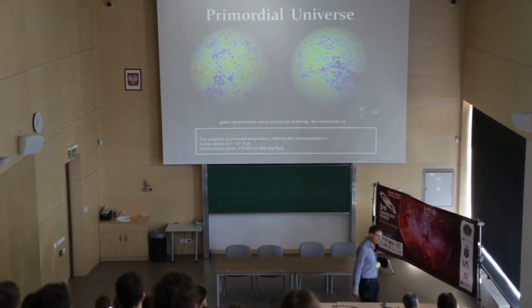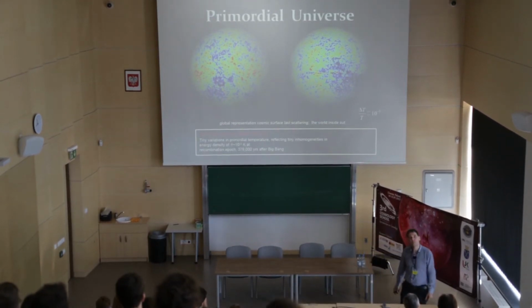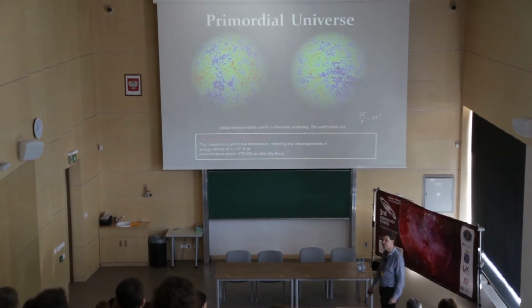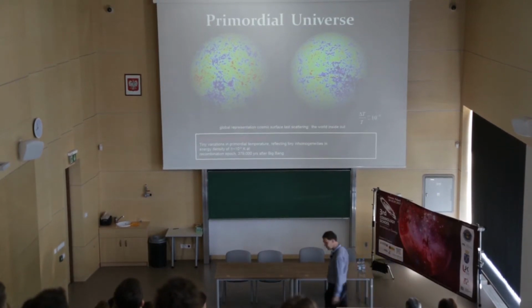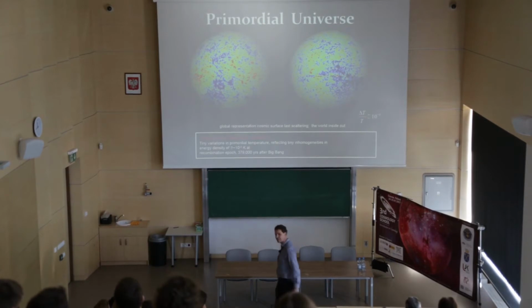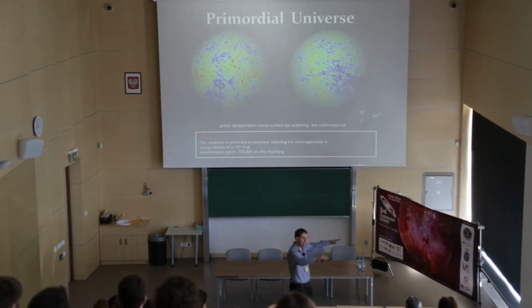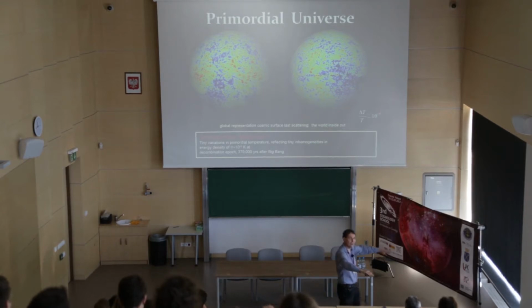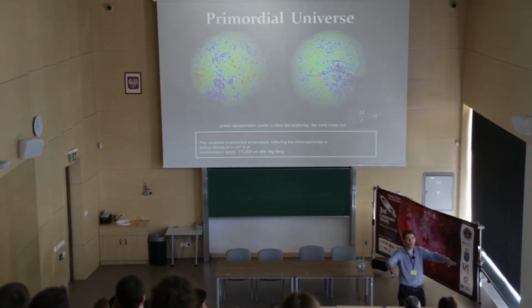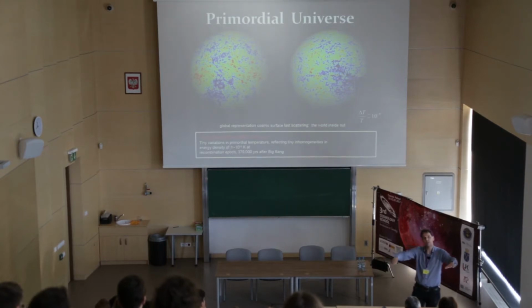Then we notice that we are moving with respect to the universe in one direction at 627 kilometers per second, leading to a dipole pattern which you can correct for and subtract, and then you have to descend to a level of no more than 10 to the minus 5 degrees Kelvin before you start to see variations.